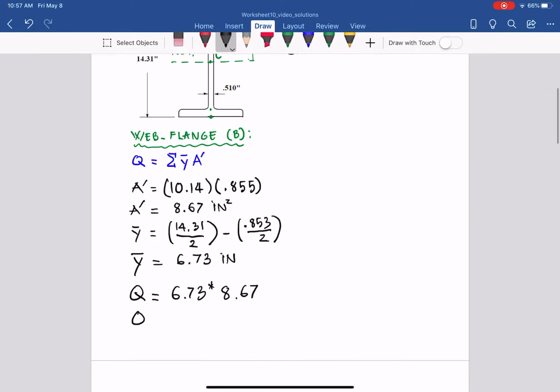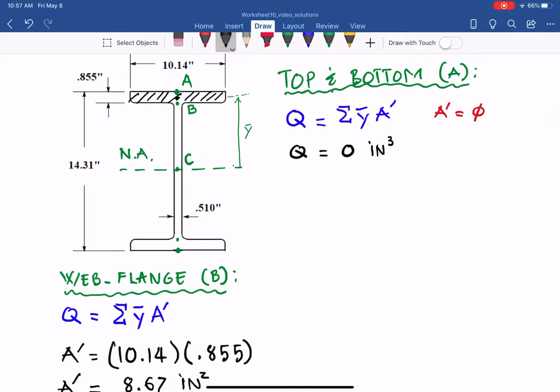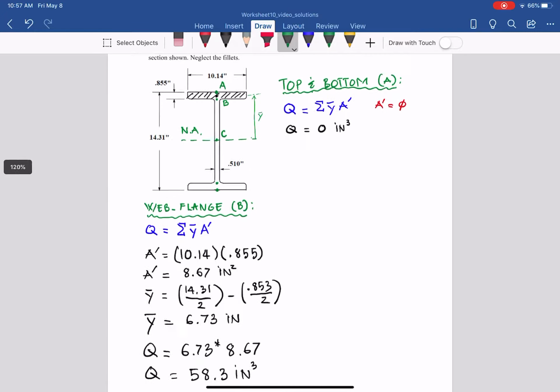So you have Q equal to 58.3 inch cubed. And that is the same at the point intersection at the bottom. It should be the same at this point too, right? Because that's symmetrical. So that's what we have.